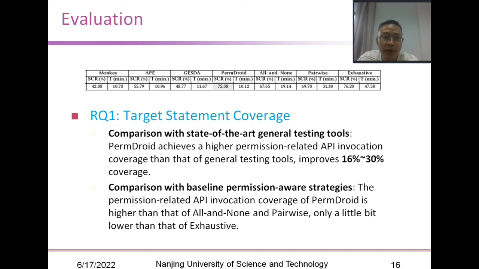And compared with the baseline permission-aware strategies, the permission-related API invocation coverage of PermDroid is higher than that of all-or-none and pairwise, and only a little bit lower than that of exhaustive.